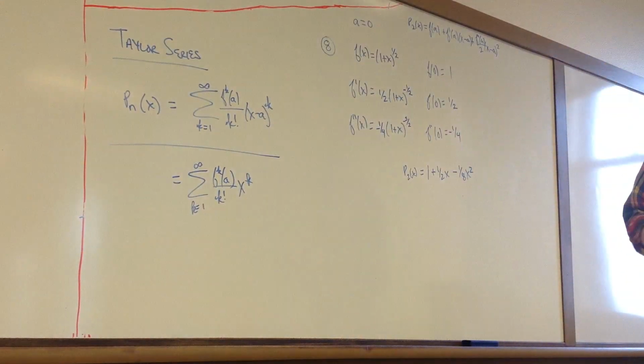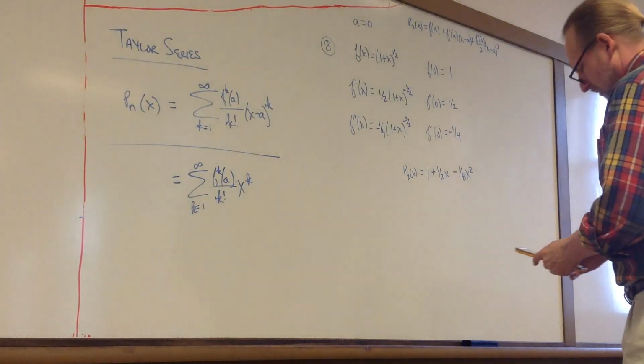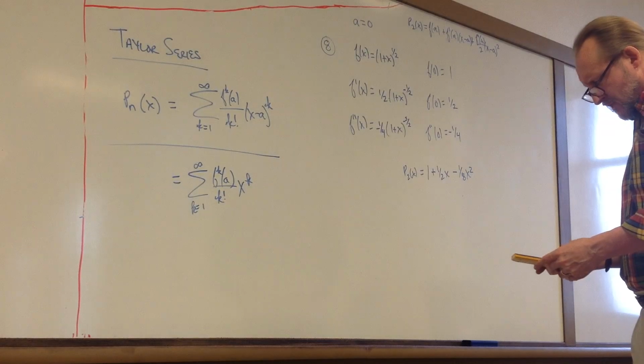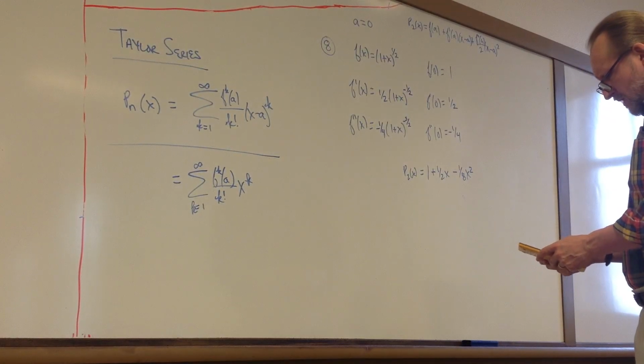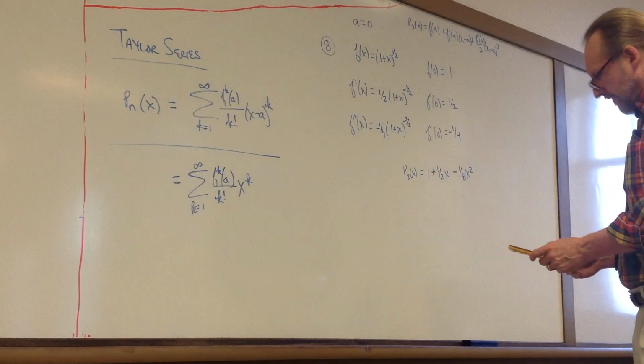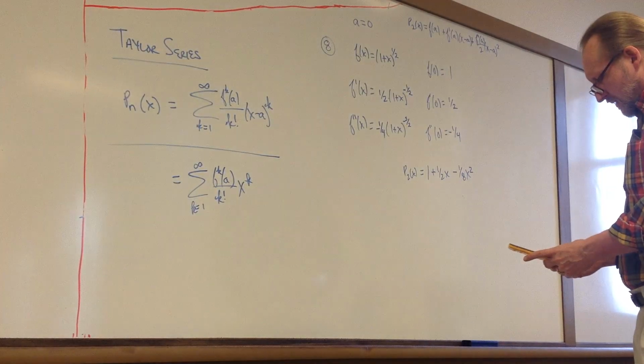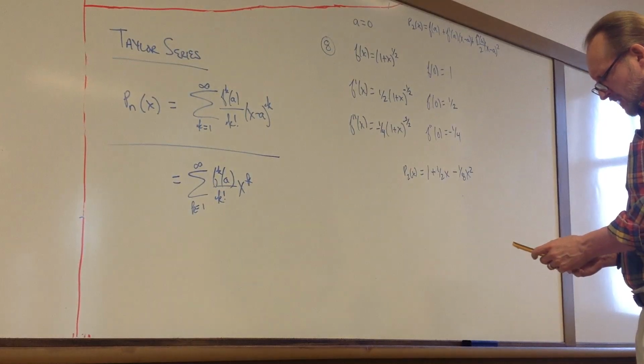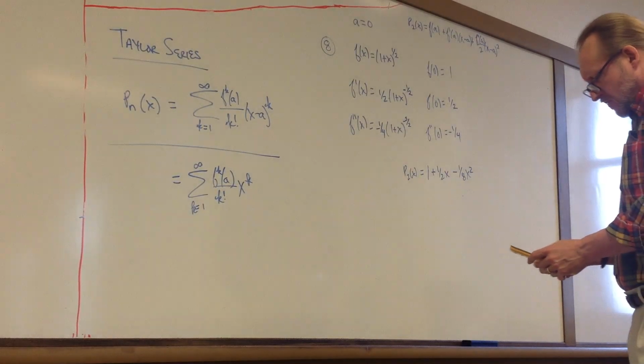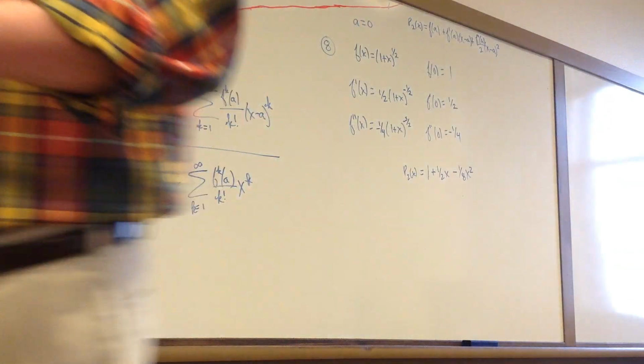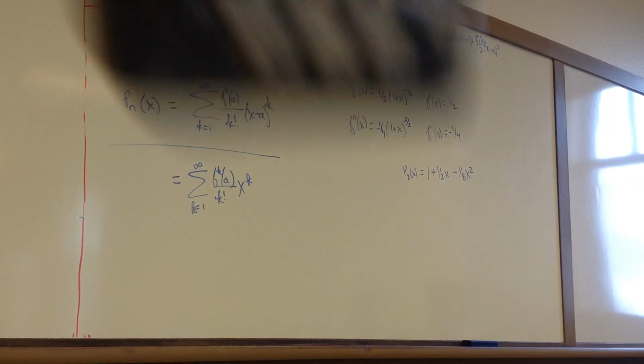Okay, so let's look at these two functions. Square root of 1 plus x, and then 1 plus a half x minus an eighth x squared. Let's see what these look like.